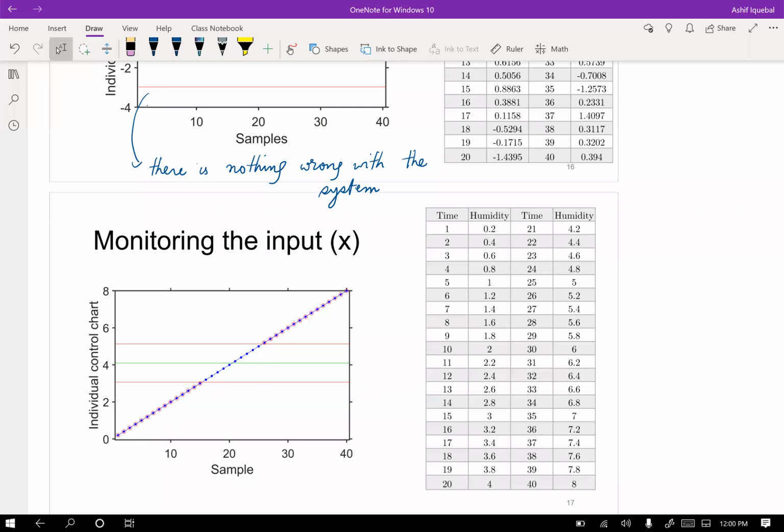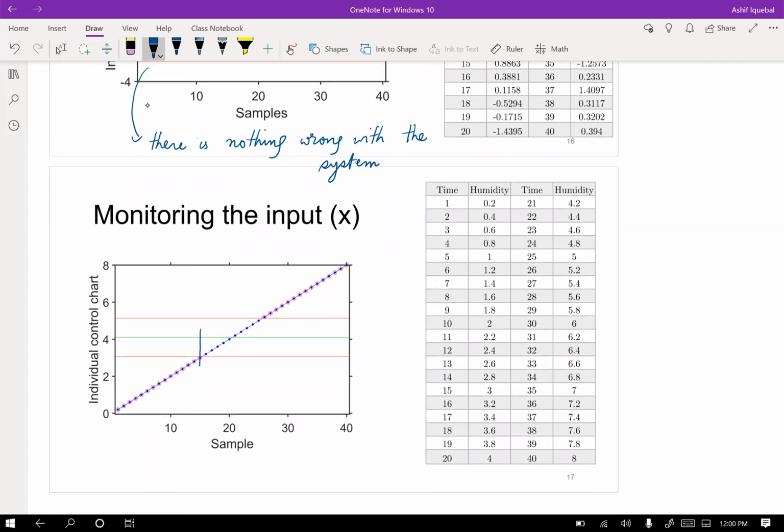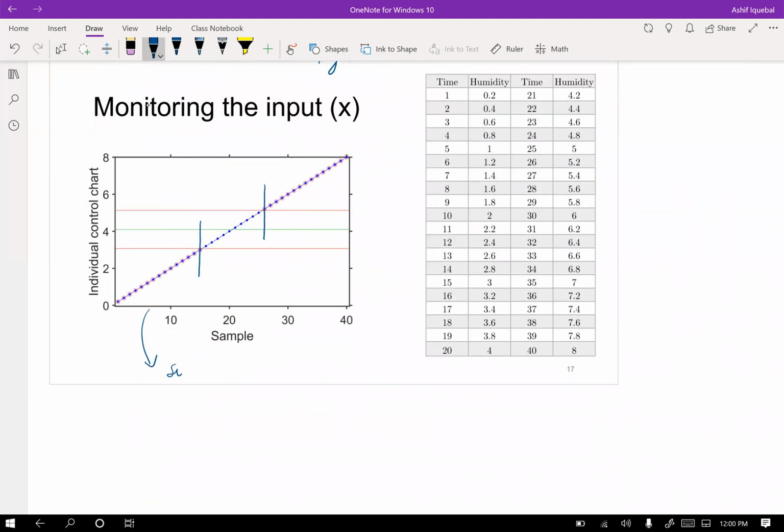Somewhere around k equals 15, and somewhere after k equals 24, my humidity levels are outside the control limits. So that means there's something wrong with the humidity.